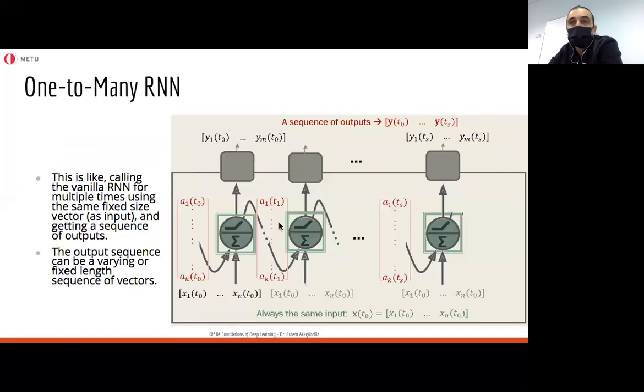So this would actually, in practice, be a one-to-many problem. Although you're feeding many things in the input, since it's the same thing, you're not providing any new information to the system. So that becomes a one-to-many problem. You can simply model this network mathematically as a one-to-many problem by always feeding the same input. This is like calling the vanilla RNN multiple times using the same fixed-size input with the same values and observing the outputs.